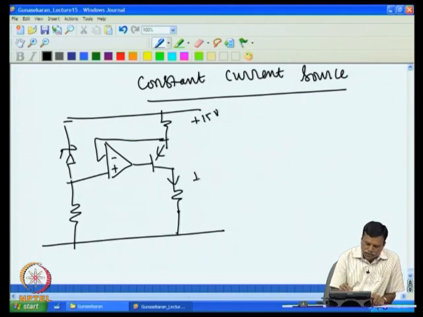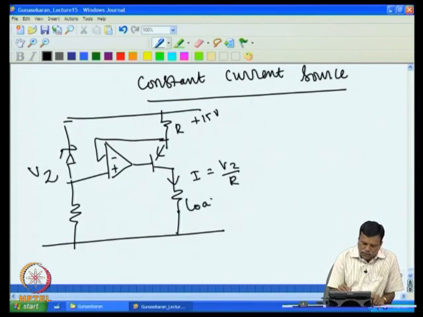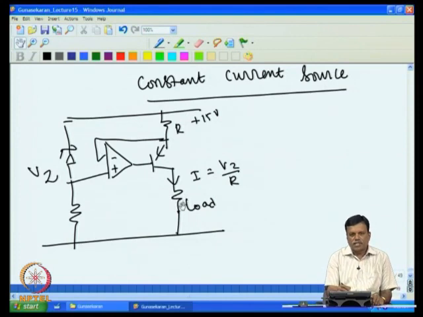So the current flowing through this, we have said earlier, this is Vz, this R is Vz by R. So this is a load. So current flowing through this load is always constant. That is given by this relation, and even if you change the load, this current will not change.